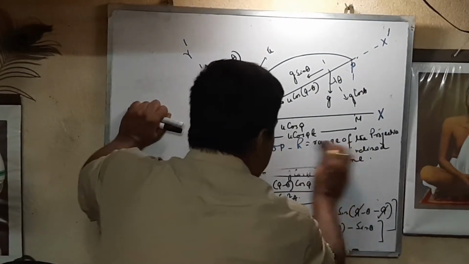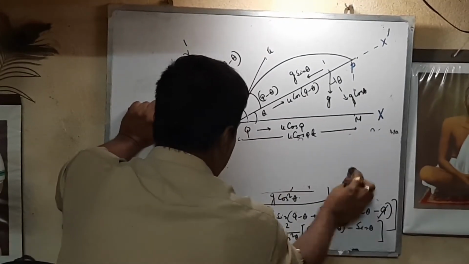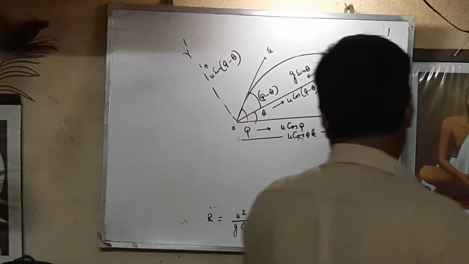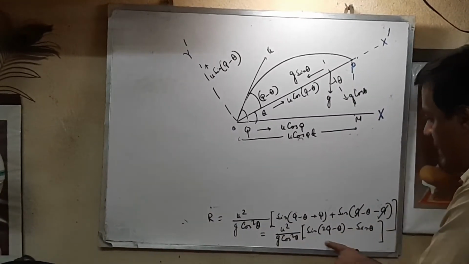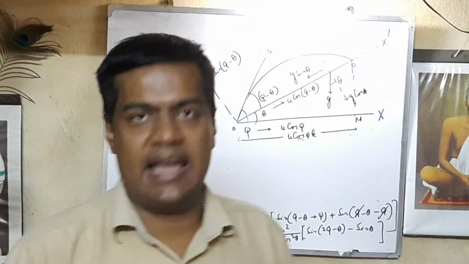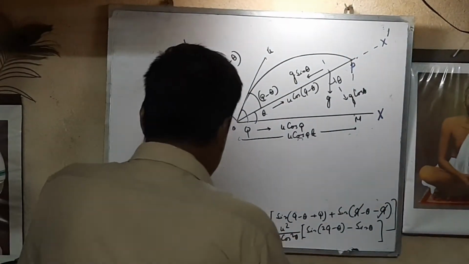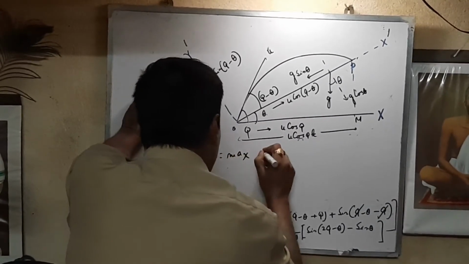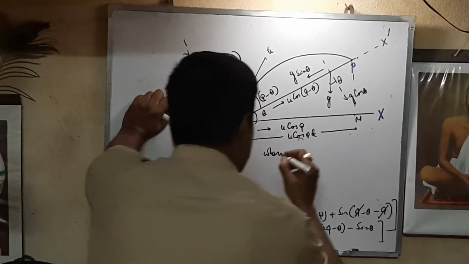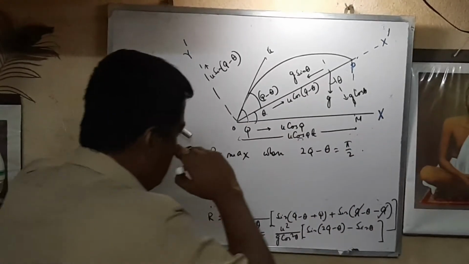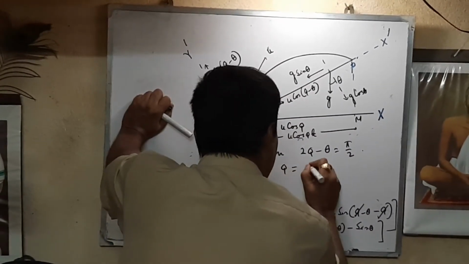Now let us erase those steps. You all see that the range becomes maximum when this term, sine of 2 phi minus theta, is maximum. The maximum value of sine is 1. So R is maximum when 2 phi minus theta is 90, or phi equals theta by 2 plus pi by 4.